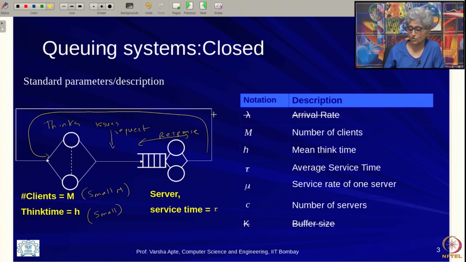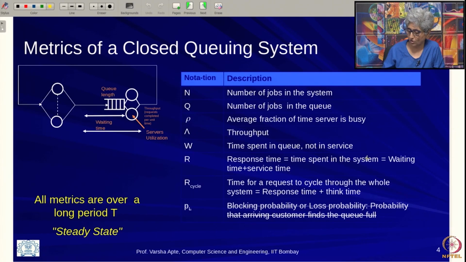So, this is basically the loop, and the number of clients, the think time, the average service time, service rate, number of servers, these are the usual ones that are the parameters of the system, and these are the new ones that are the parameters of a closed queuing system. Again, metrics are very similar, we had gone over this last time, the only new one being this R cycle, which basically represents the entire time taken from any point to any point.